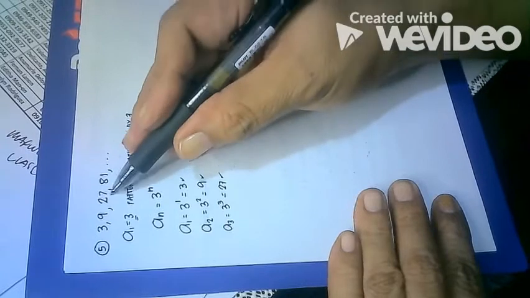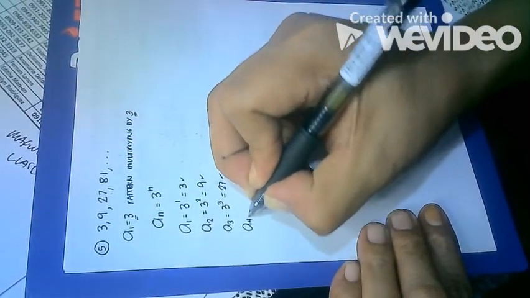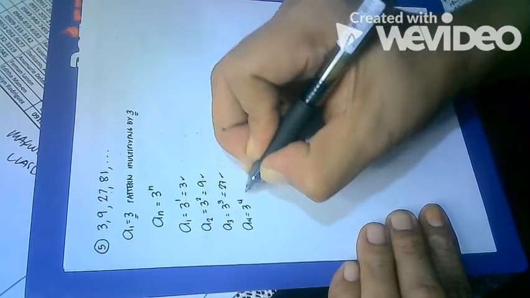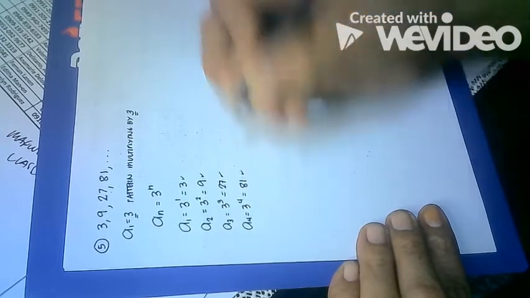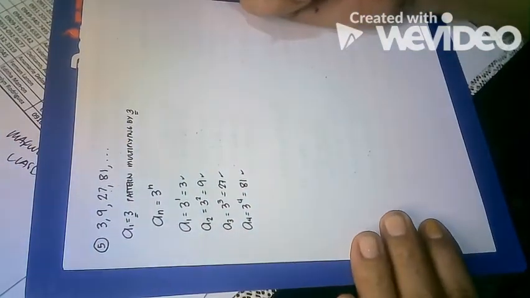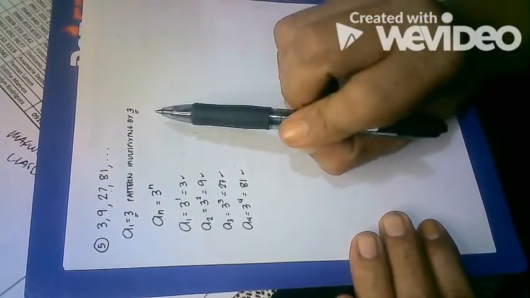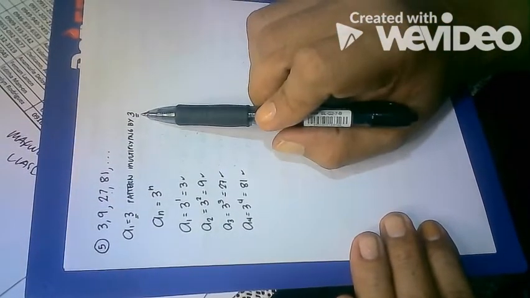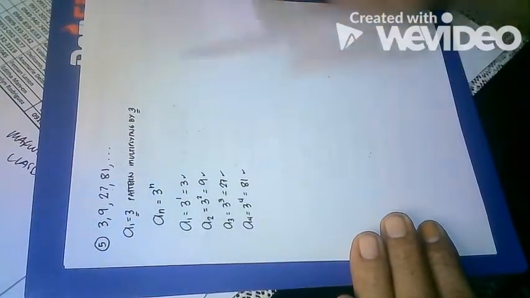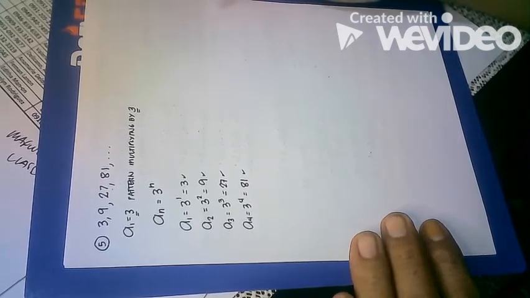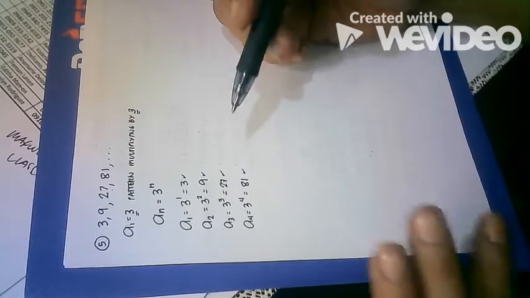So check the third term. And the fourth term now is 3 to the 4, which is 81. So check. So the same multiplier is equal to your a sub 1. So let's have another example before you ask, how about, sir, if they are not equal.